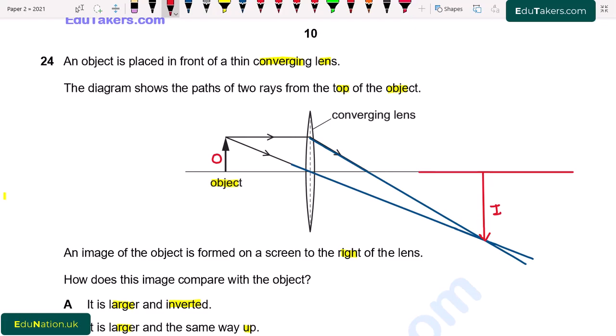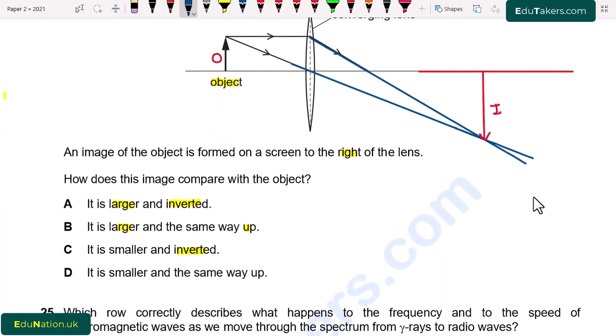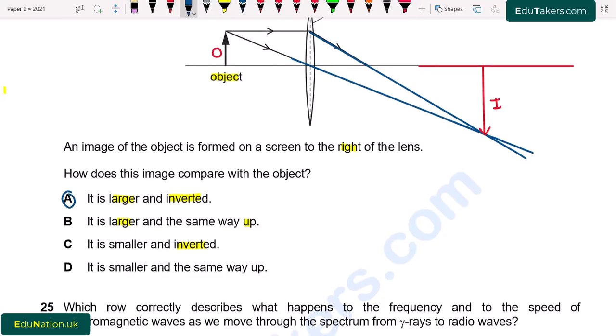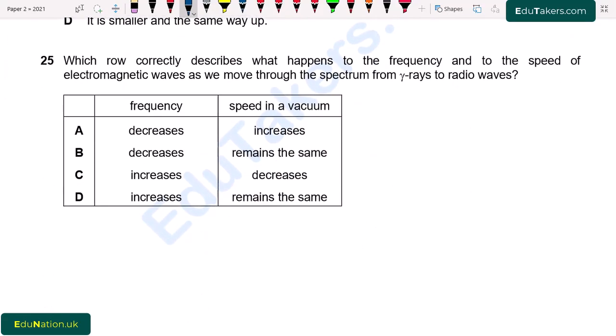We can also measure this using the ruler, and we observe that the size of the image is larger compared to the size of the object. And we can also see that the object is upward while the image is downward, so the image is also inverted. So I see here that the image is larger and inverted, as given in option A. So A is correct.